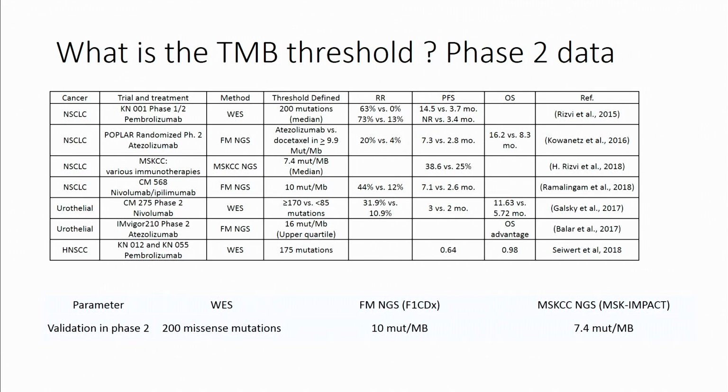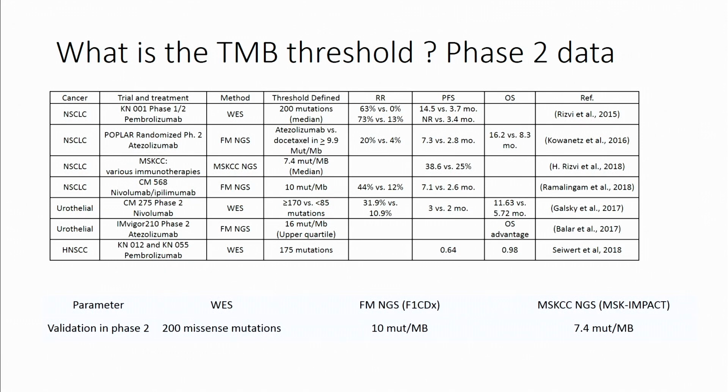But this is most of the data that we have so far. And I think for lung, for bladder, and maybe for head and neck cancer, it all seems to be coming out around 200 missense mutations, or 10 mutations per megabase by Foundation, or 7.5 mutations per megabase by MSK.